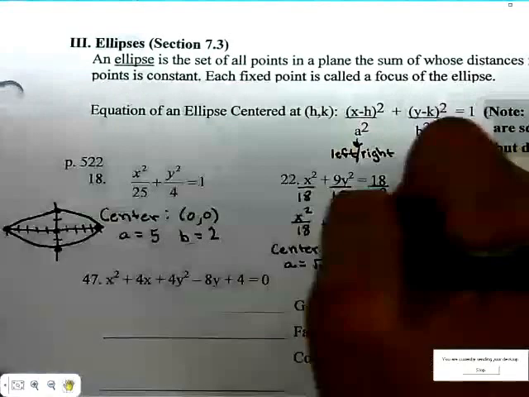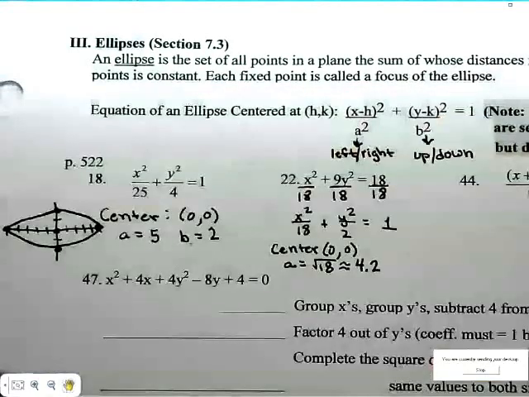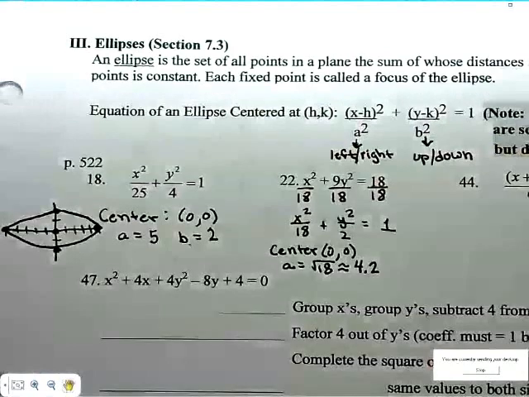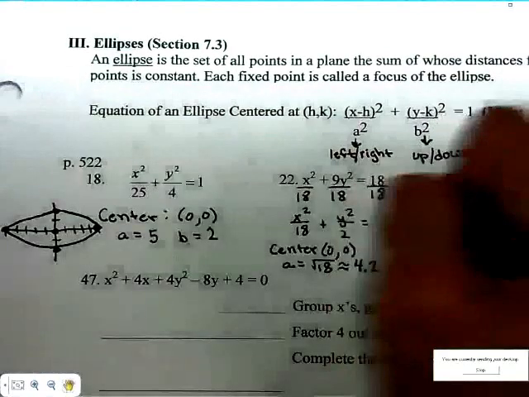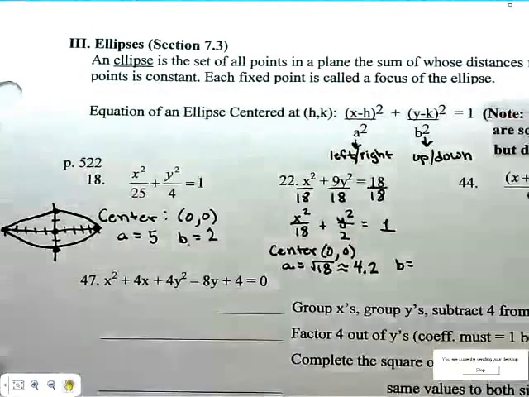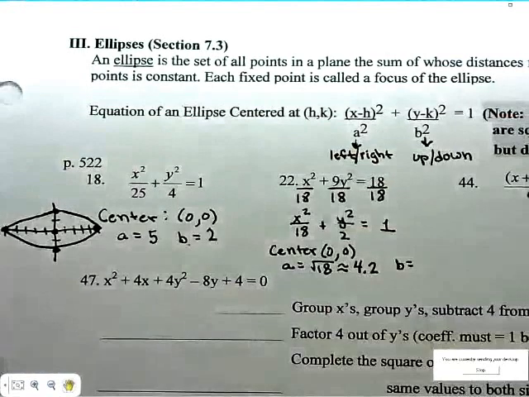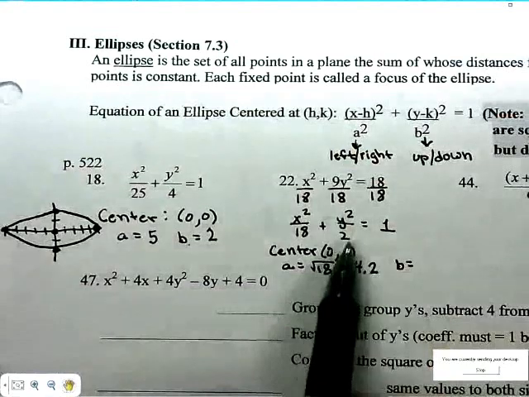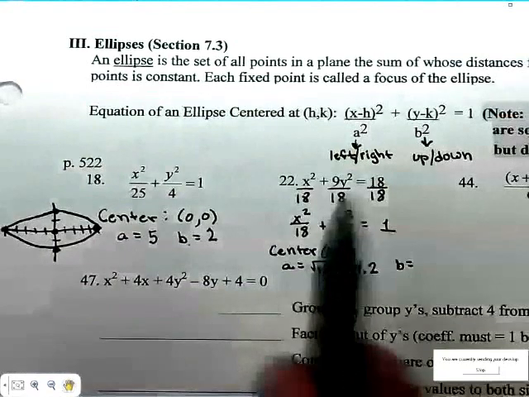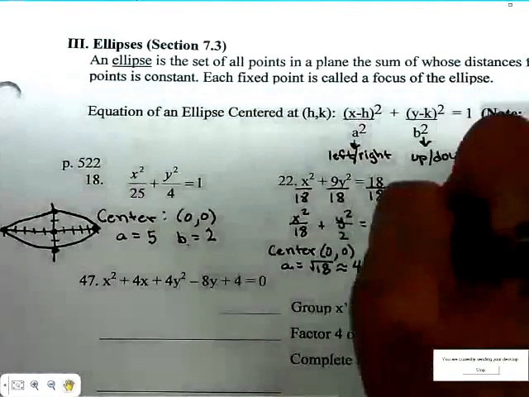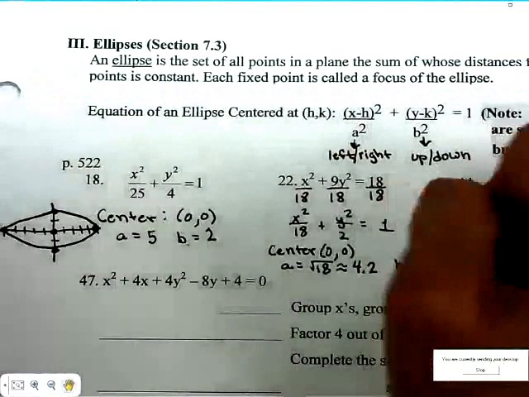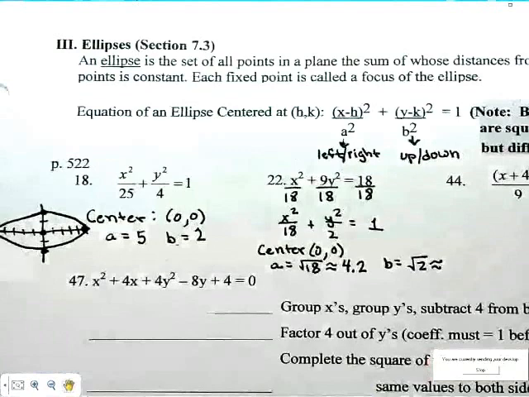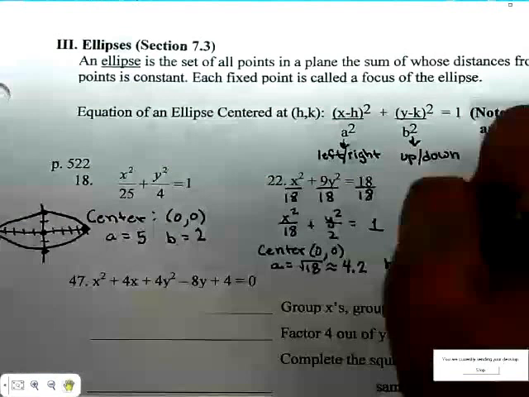I can't be that accurate graphing anyway. I'm just going to say about 4.2. And what is B? The square root of 2, whatever's under the y's. The square root of 2 is about 1.4. Does it round up to 1.5? Okay, so about 1.5.